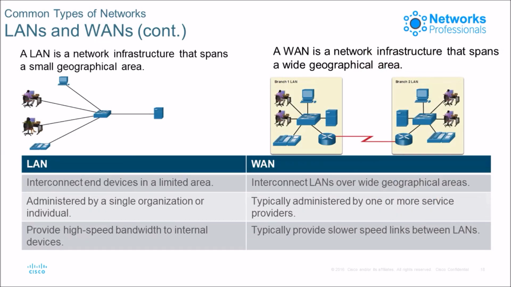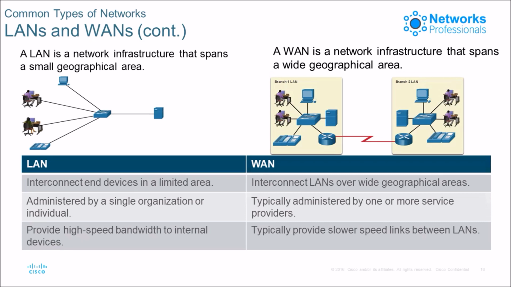LANs have specific characteristics. A LAN interconnects end devices in a limited area, such as a home, school, office building, or campus. A LAN is usually administered by a single organization or an individual.